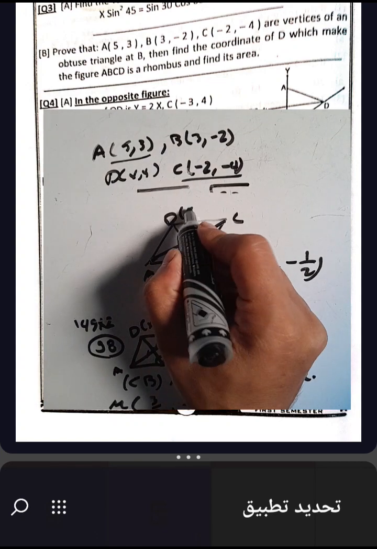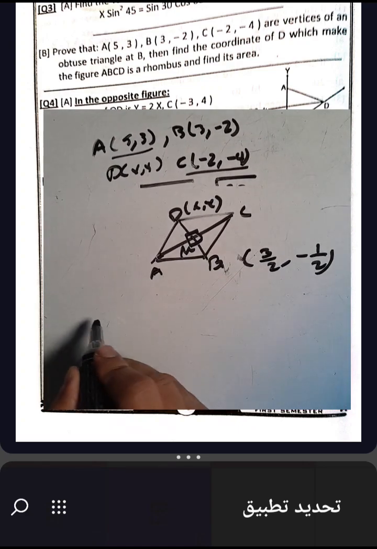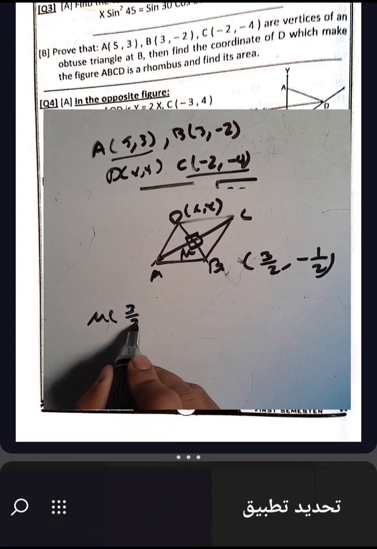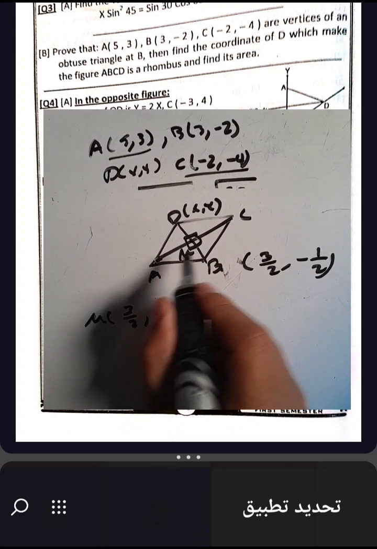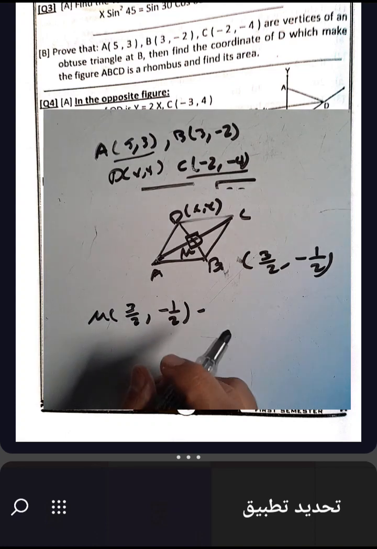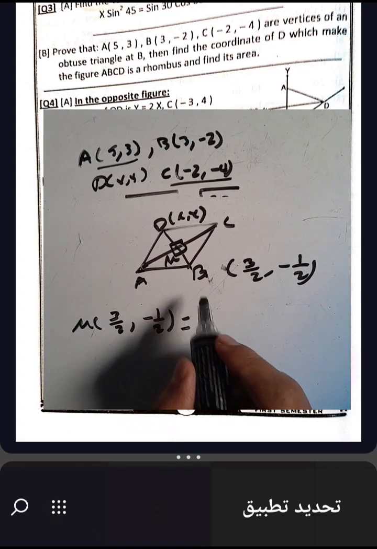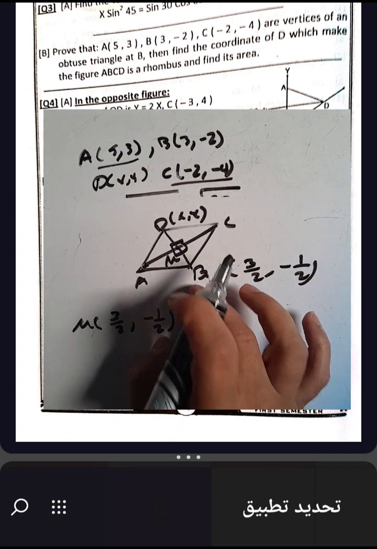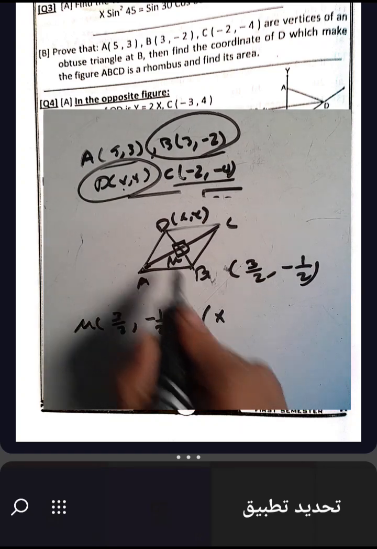I will put D equal x and y, and then I will write the rule about the midpoint, 3 over 2 and -1 over 2. It will be the middle of two diagonals, and we know two diagonals bisect each other. Then we have D, x and y, and B, 3 and -2.